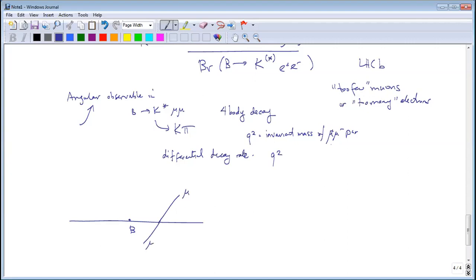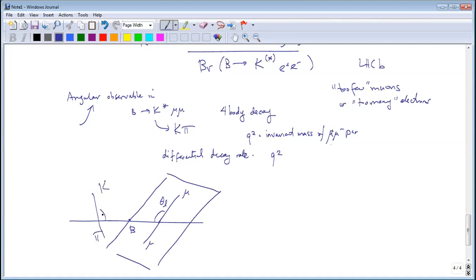Let's draw an angle theta L. That would mean in the frame where the muons sit, so often it's drawn like this, this is the angle between the muons in the frame for the decay. Then over here, there's the kaon, the K and the pi.